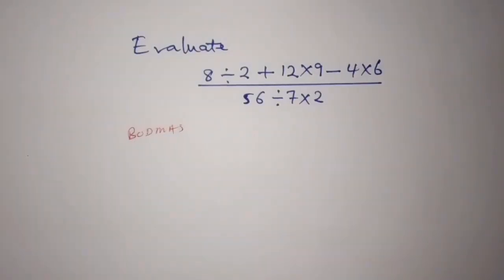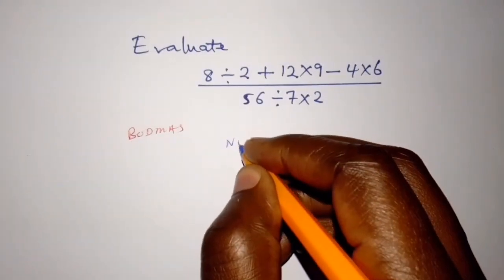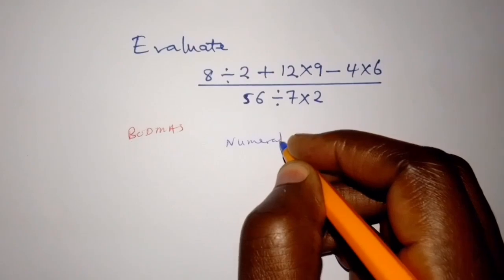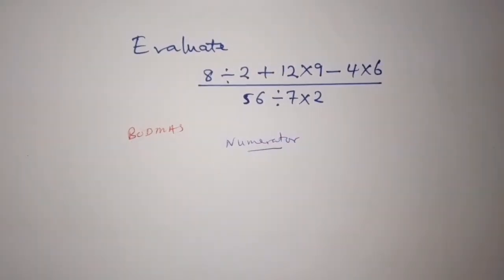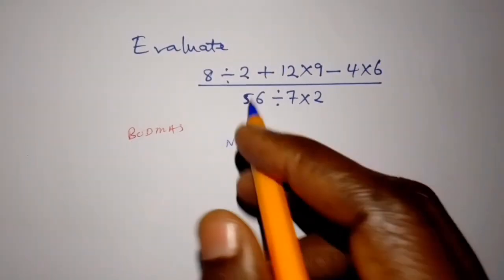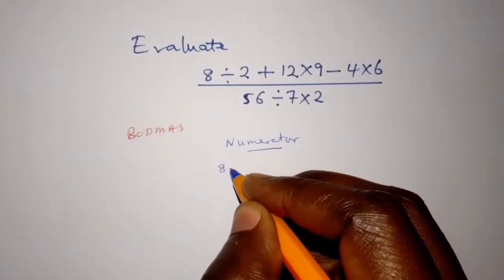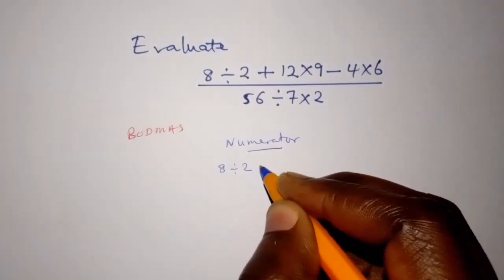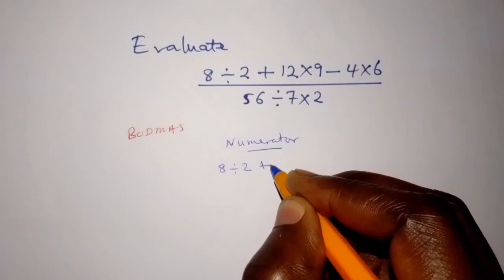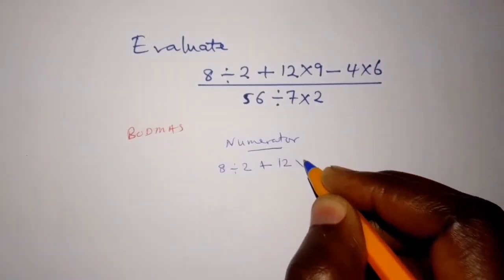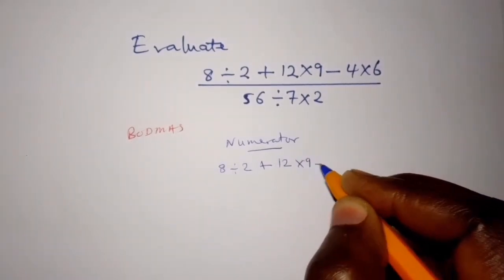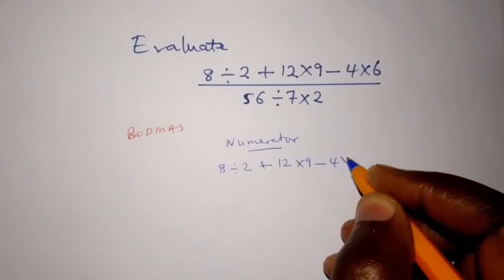In using BODMAS, we start with the numerator. Numerator is 8 divided by 2 plus 12 times 9 minus 4 times 6.